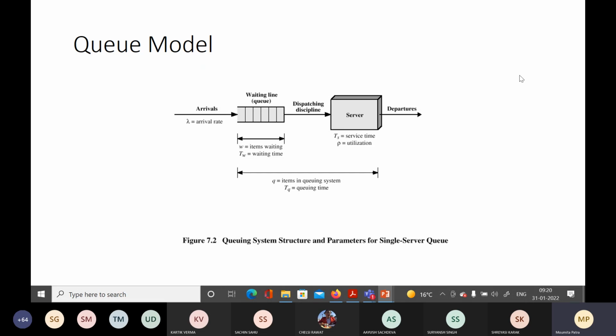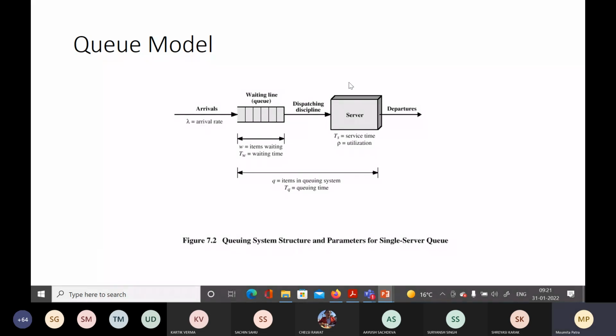So your job is to find out the average time for which your job has to wait in the system before it can get out. That time is denoted as TQ, and Q is denoted as the items that are in this entire system, that means those in the queue and those being served by the server.